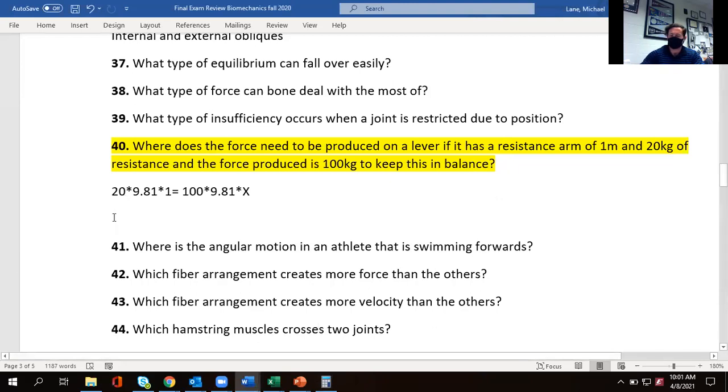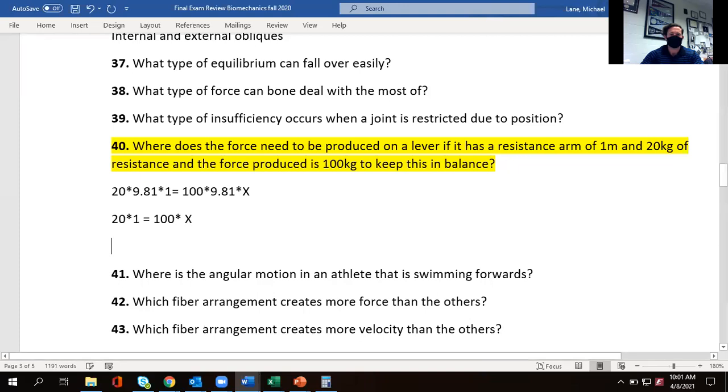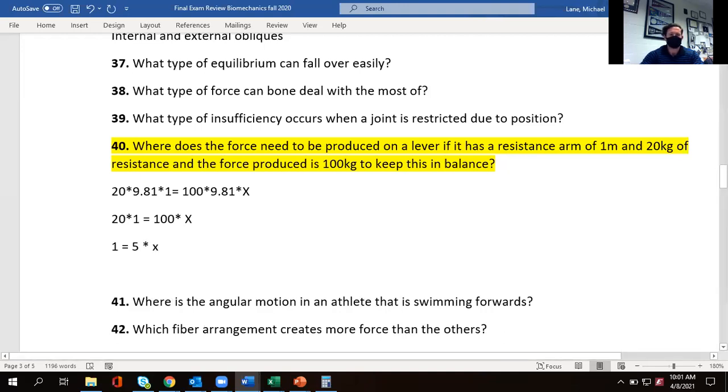So let's just go ahead and simplify this to 20 times 1 equals 100 times x. So if we divide both sides by 20, we have 1 equals essentially 5 times x. Well, now we're going to divide both sides by 5.